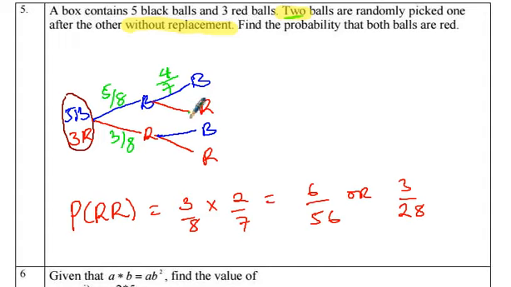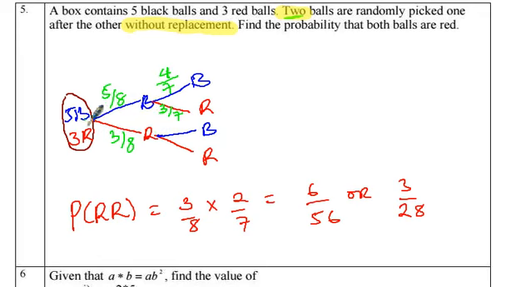Then what about the red ones? If I started by picking a black one, I still have 3 red inside there, but the total number is 7. Please always check these fractions: whenever you add the probabilities at a given branch, they should give you a 1.